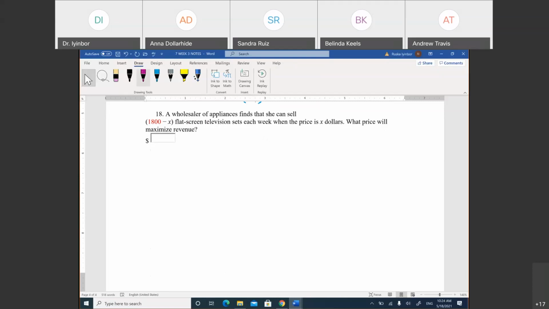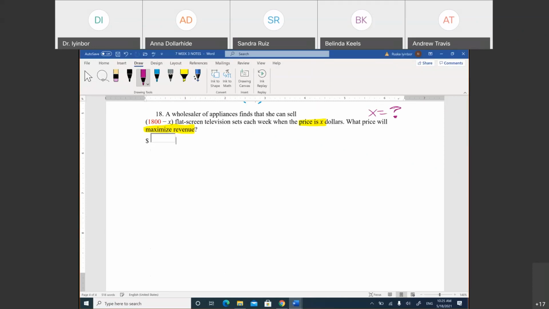So here we need to remember the formulas for revenue. We have to find the maximum revenue, right? Maximize the revenue. So what is X? Because the price is X, right? They're asking what is X. So you have maximum revenue, and technically they're asking for the vertex.